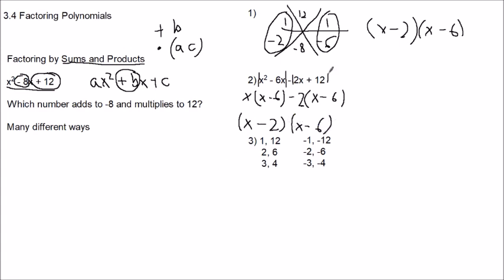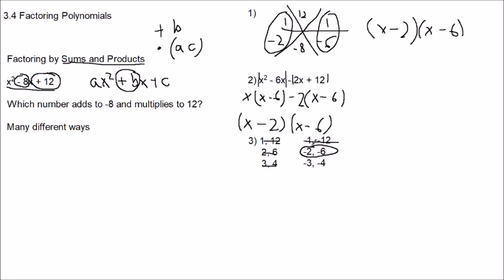The third way is just, there's nothing fancy about it. Just list out all the factors and see which ones add up to negative 8 and multiply to 12. It can't be any of the positive numbers, because 1 plus 12 is 13. A positive number added to a positive number gives you a positive number, not a negative. Negative 1 plus negative 12 is negative 13, not negative 8, so that doesn't work. Negative 2 plus negative 6 is negative 8, so that works.